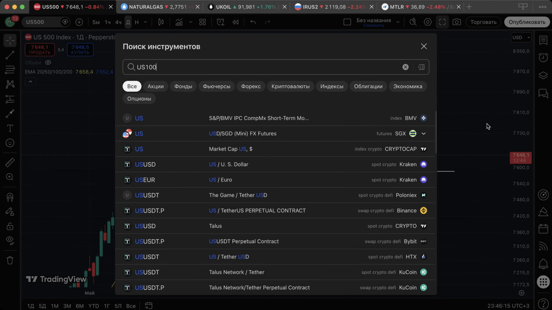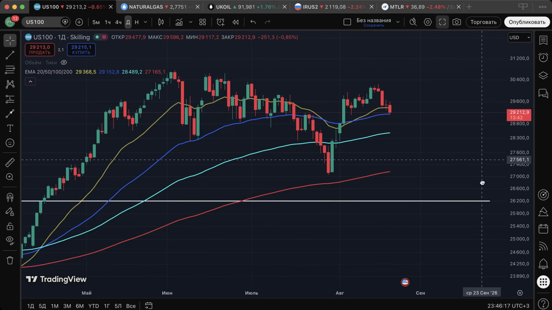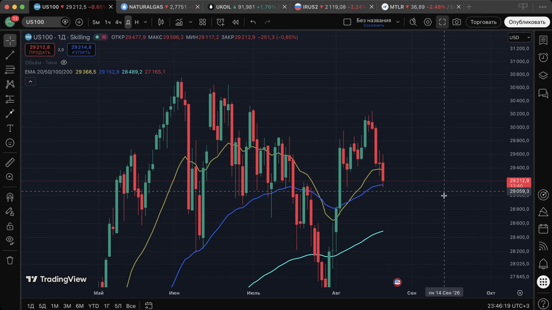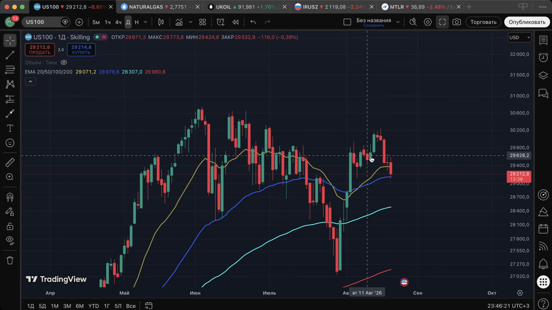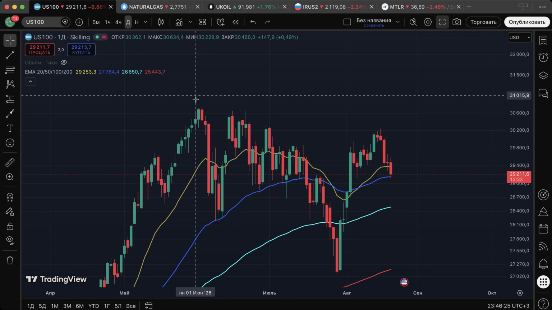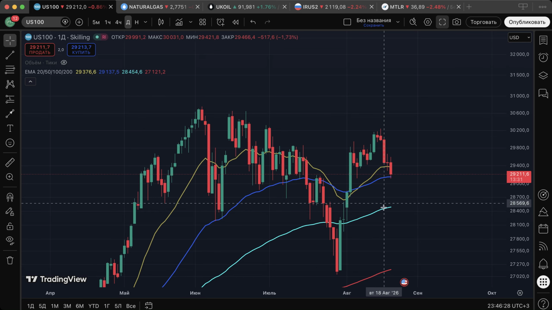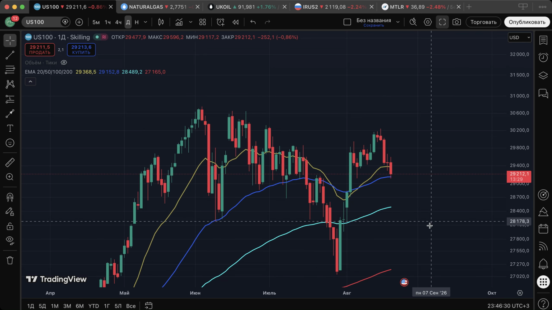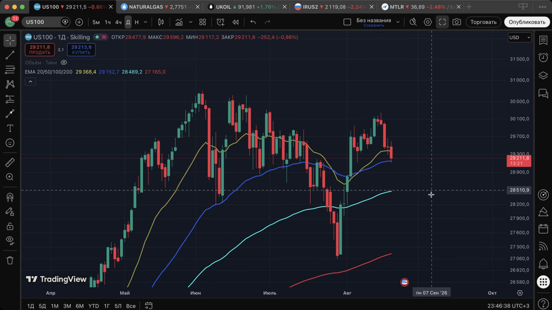And if you look at the Nasdaq, I think in some cases the Nasdaq is better, because here we have some extremes, some historical maximum, and the main level 31,000 is our goal. Now we are near the level of the 20 MA on the day frame, near the level of the 50 MA on the day frame, and lower we have the 100 EMA.